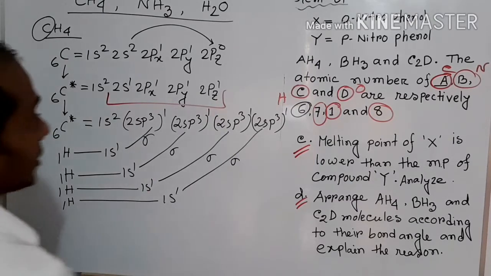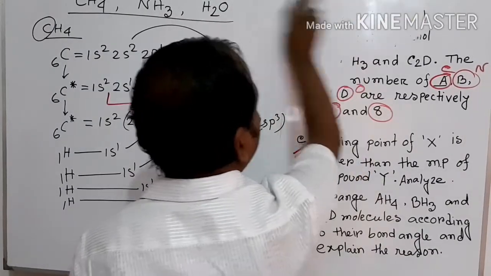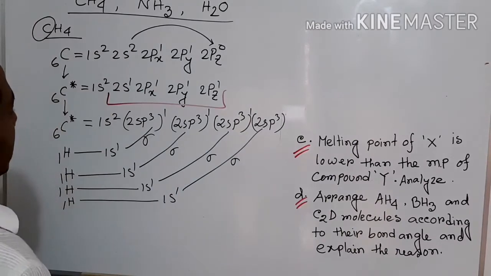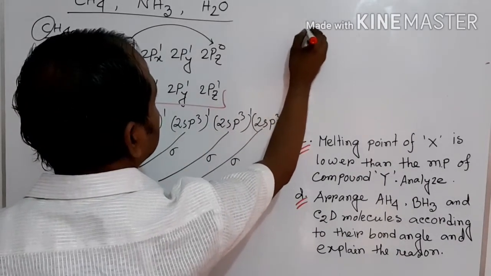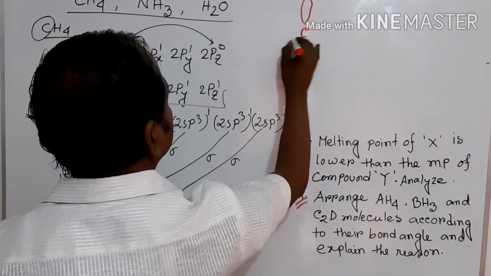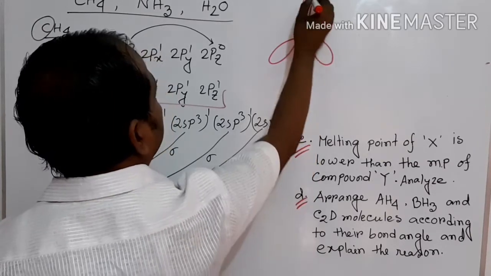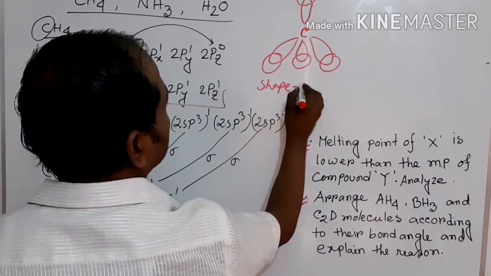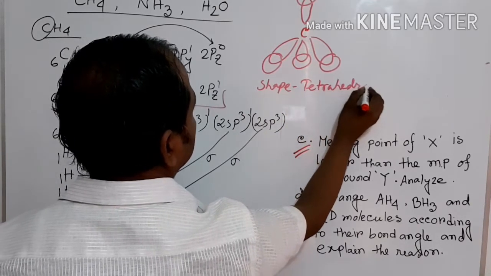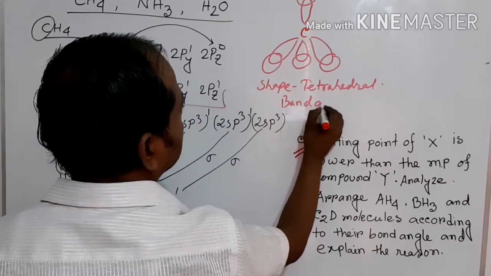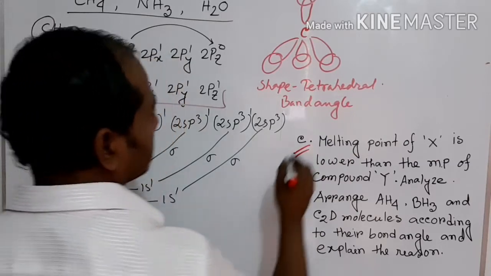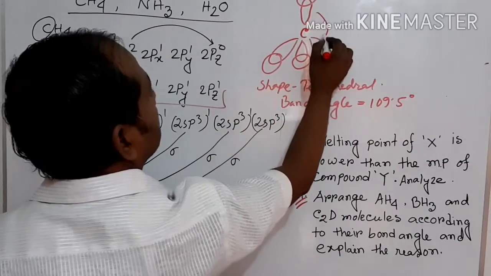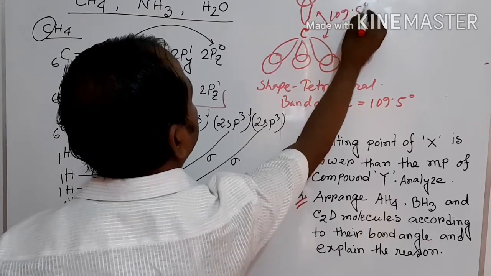Here sp3 hybridization occurs, so the shape of methane, with carbon and four hydrogens, is tetrahedral, and the bond angle is 109.5 degrees.